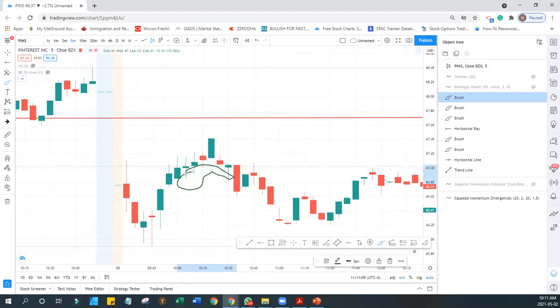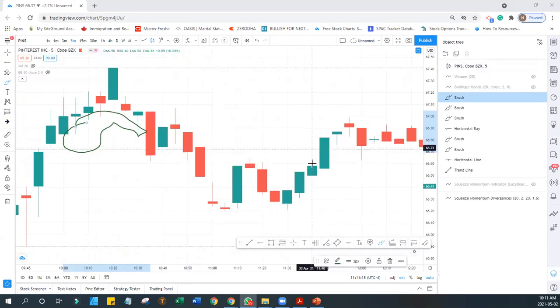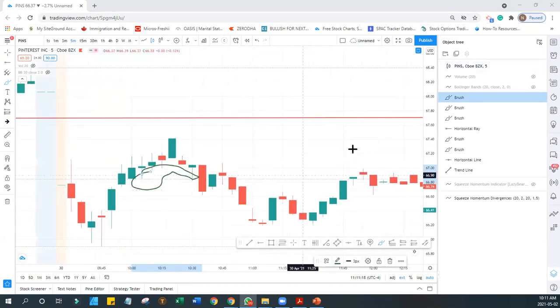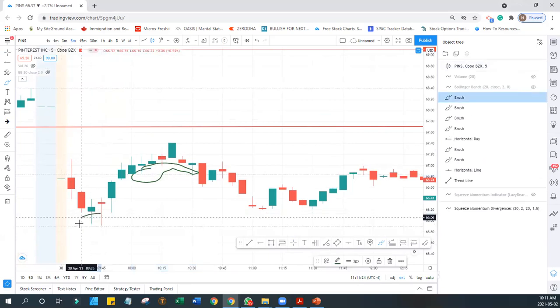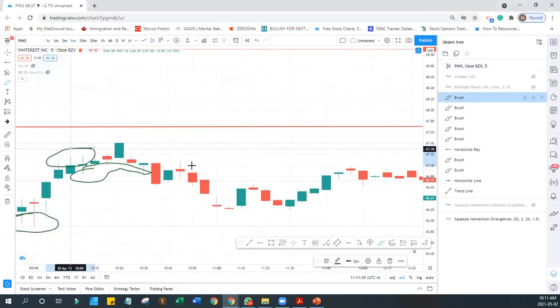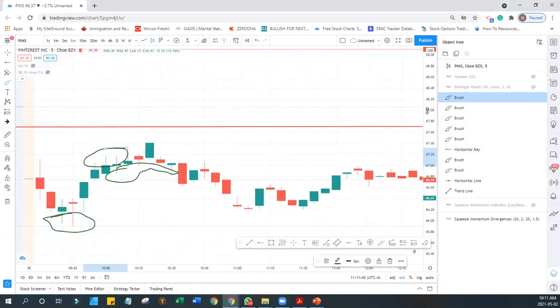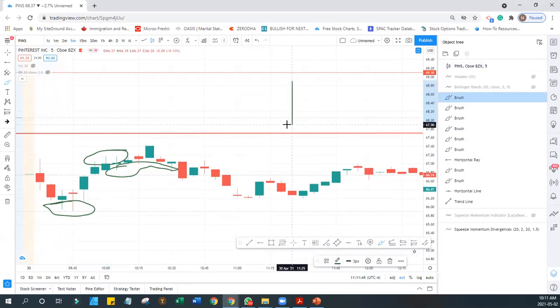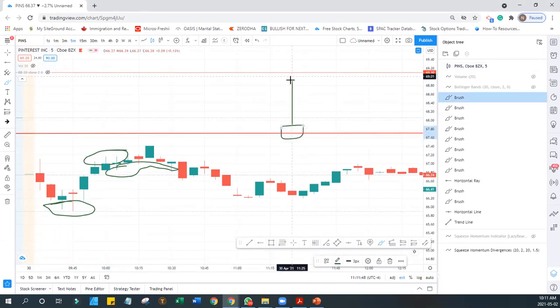Now this green part is the body. Whenever you have a wick on the bottom, like this one, that means there is some buying pressure from the bottom. Now when you have a wick on the top, there is some selling pressure. I'm not saying it's always going to be so, but if you have a longer wick like this big and a small body, that means there is pressure from the top side.